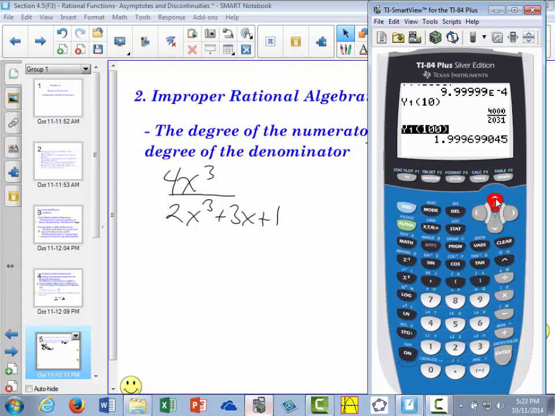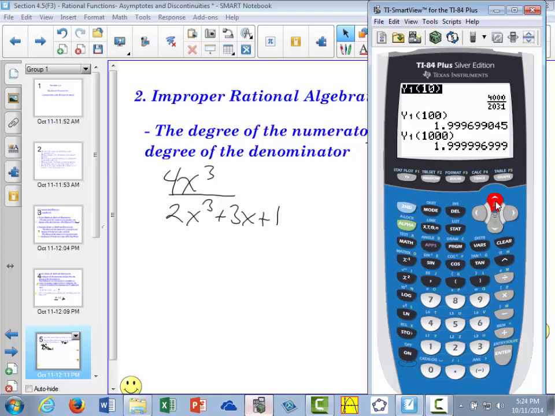Let's try going a little larger. y1 of 1,000, and we get even closer to 2. So I think it would be a reasonable assumption to say that our function is approaching 2 as our x values get larger.